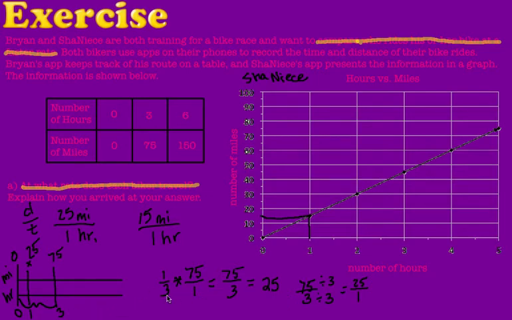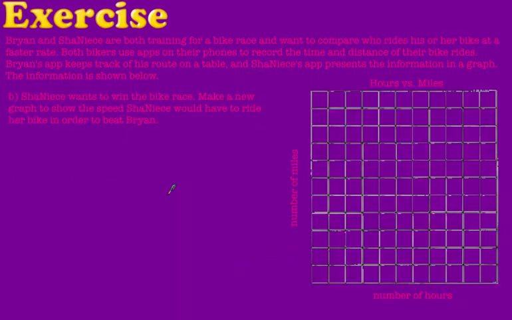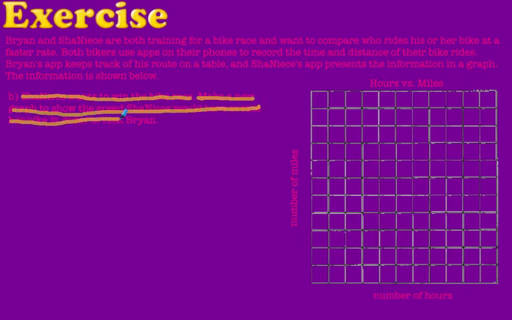All right, so now we're going to take a look at this and say that Shanice wants to win the bike race. And since she wants to win the bike race, her speed needs to be faster. So we're going to make a new graph to show the speed that Shanice would have to ride her bike in order to beat Brian.